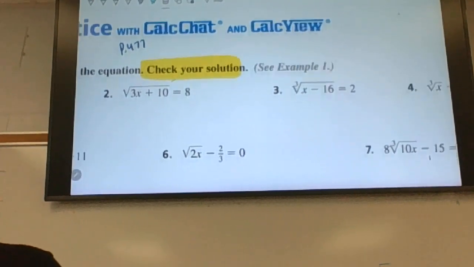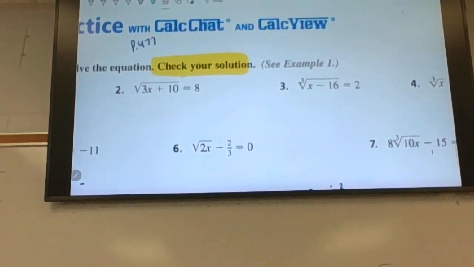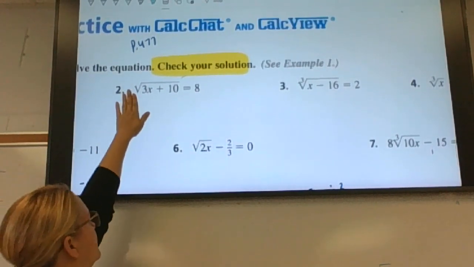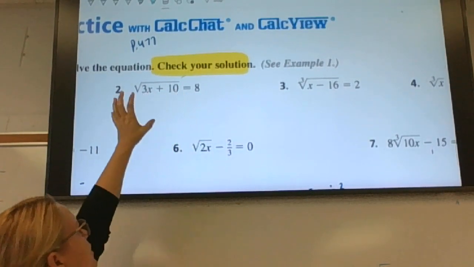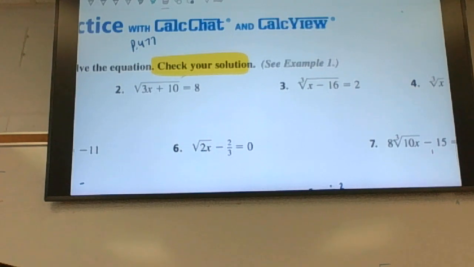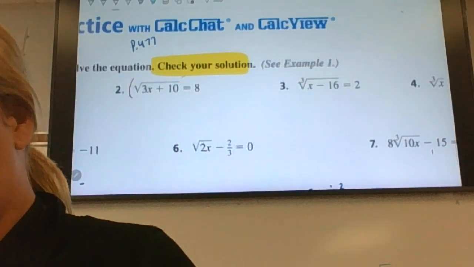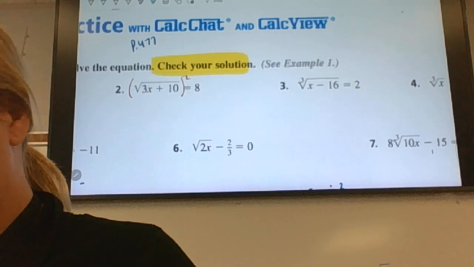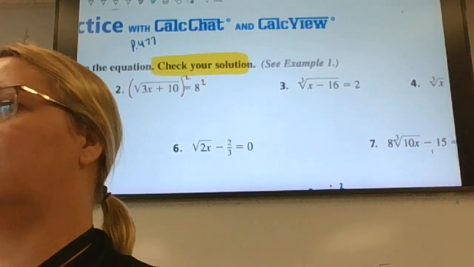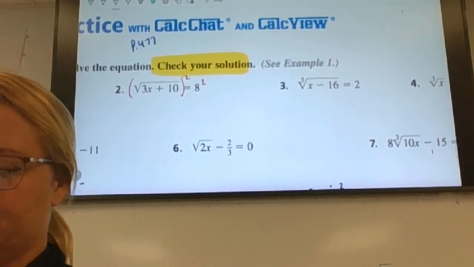Okay. So number two, step one is done. There's nothing here in front. There's nothing behind the radical. It's just a radical. So we're gonna raise both sides to a power of two, and that's gonna cancel the square root bar out of the equation.